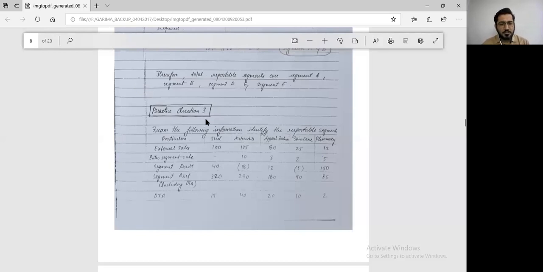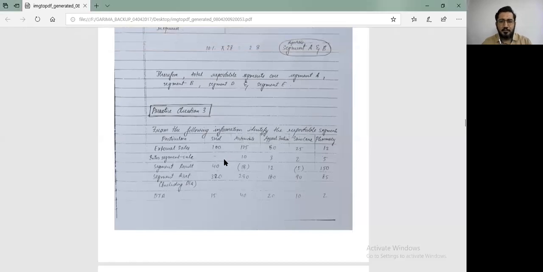Okay, any more doubts? Any further doubts? Okay, fine. If you are through till here, let's do practice question 3.